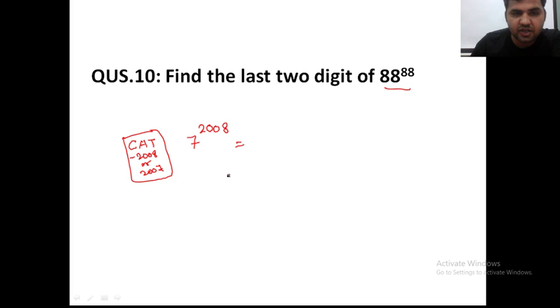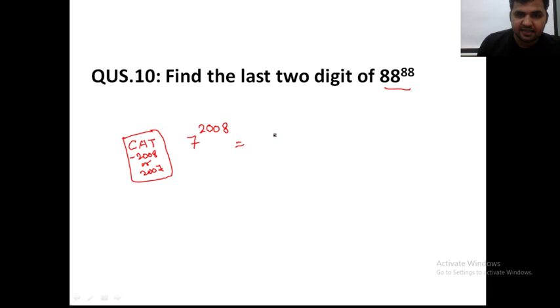This is a CAT question, finding the last two digits. Very good. 01 is the right answer.